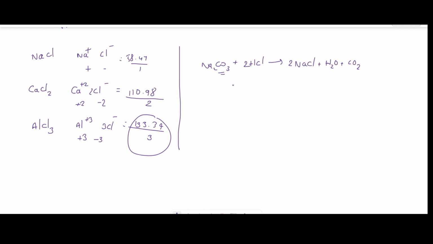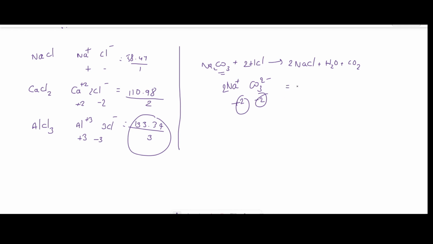How is it going to dissociate? Simply you can say 2Na+ and CO3 2-. So +2 or -2, it is the total negativity or positivity.